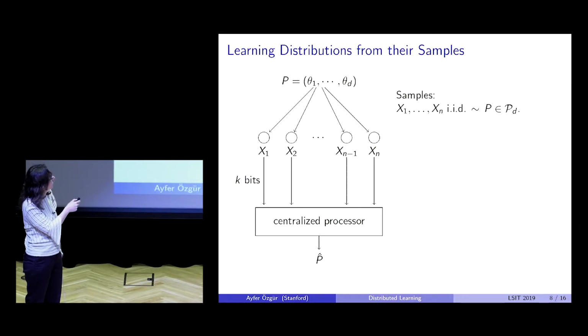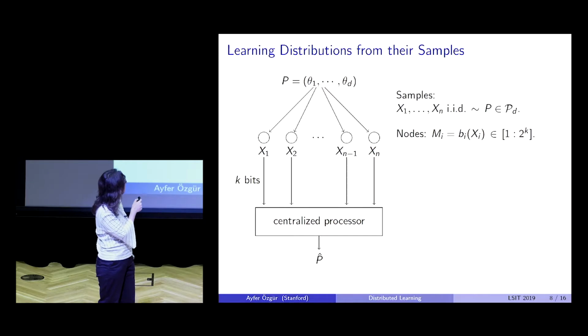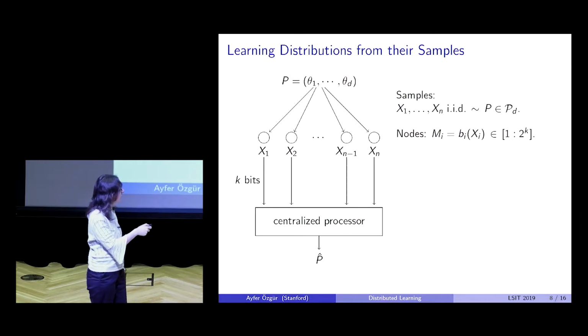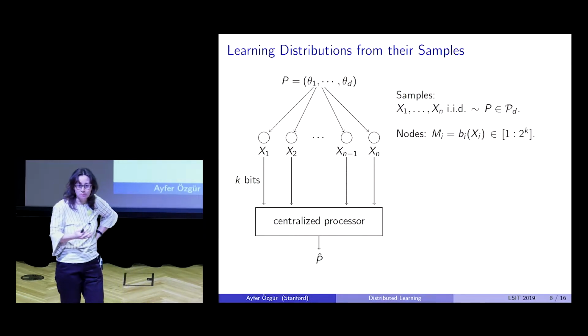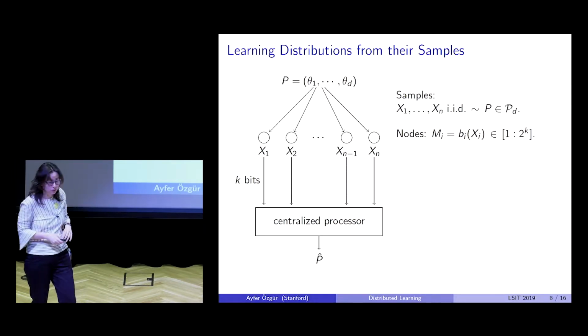I have n nodes, each of which observes an independent, identically distributed sample from this underlying distribution, and each node has k bits to communicate its sample. This means we need an encoding function at each node, which takes the sample and maps it to k bits. This encoding function can in general also be randomized, and you can also allow for shared randomness between the nodes.